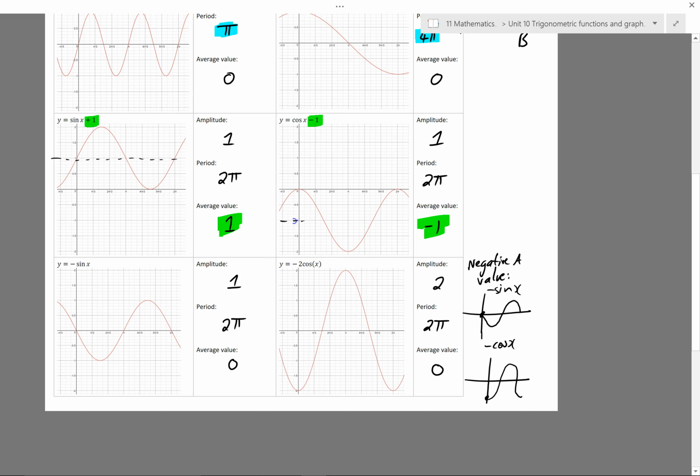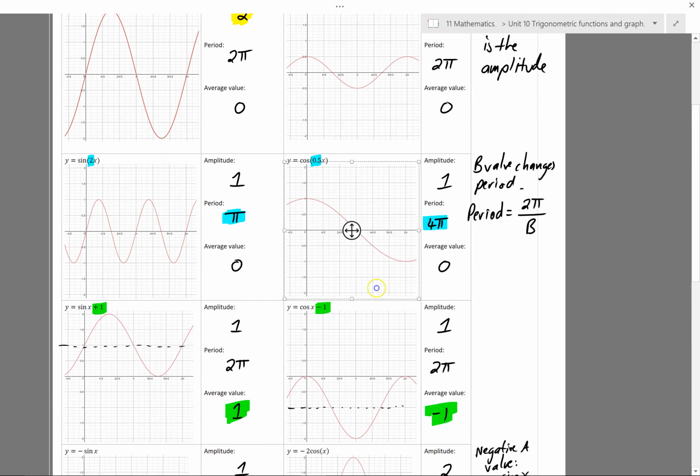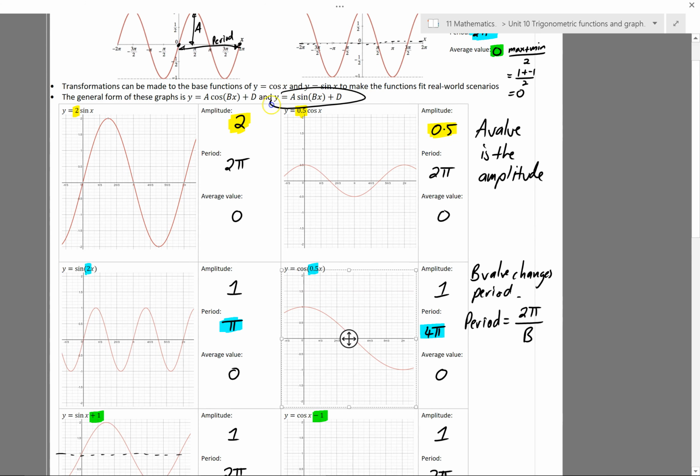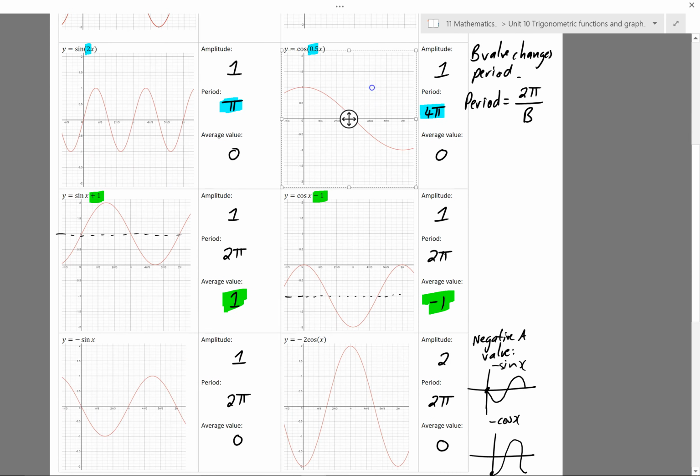Similarly here, here's my average value of -1 and the number that's added at the end. If we look at our two equations, this is talking about a d value. Okay, so I know that the d value is the average value.